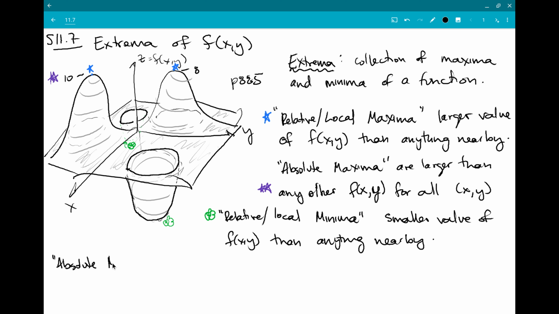And then the absolute minima would refer to something that's smaller than anything else.